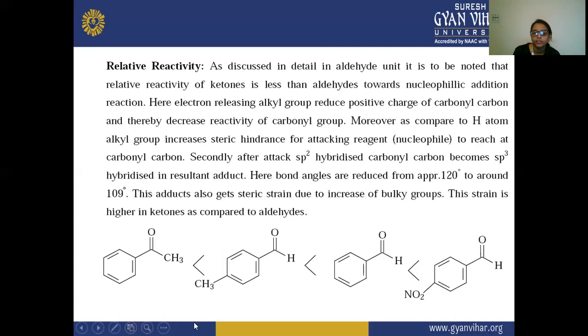Next, the relative reactivity of para methyl benzaldehyde is much lesser, because a methyl group is attached to this benzene ring. So it has the capability to donate or release electrons. So this will release electrons. Next is your ketone.